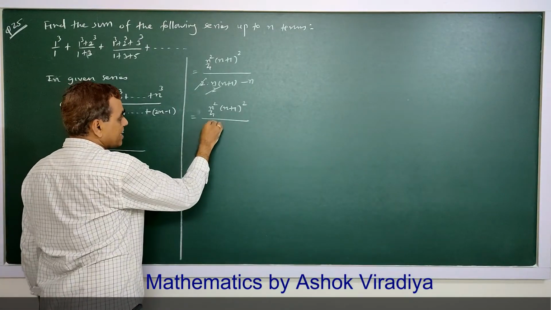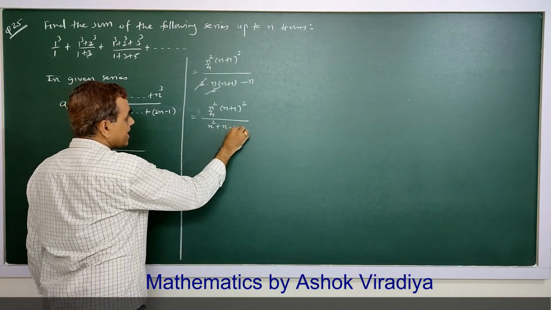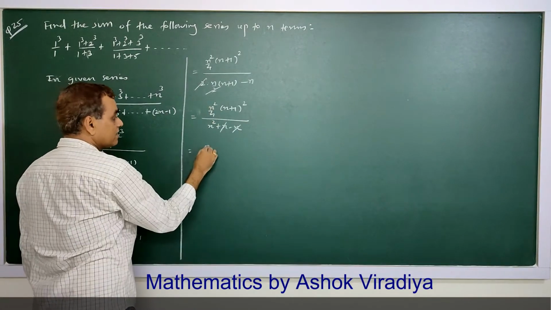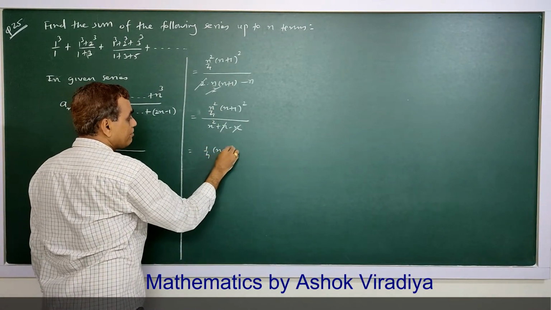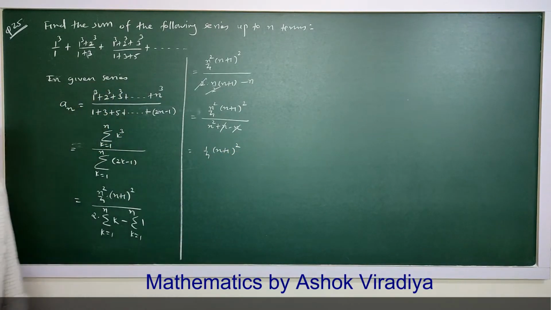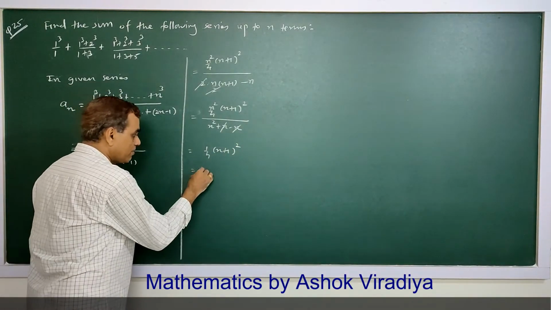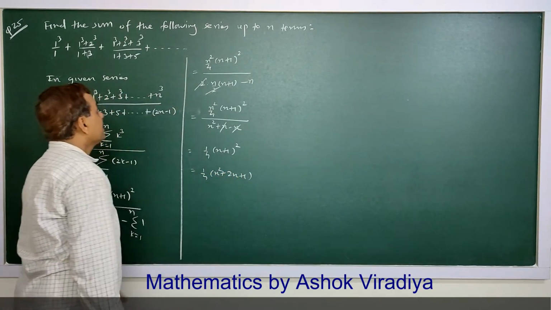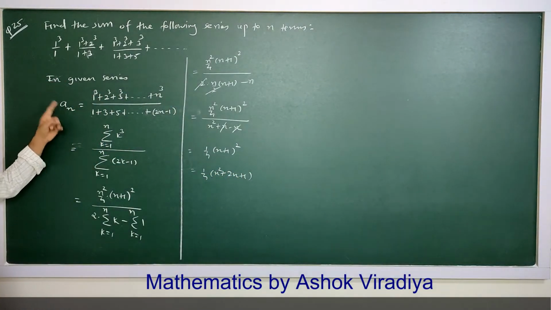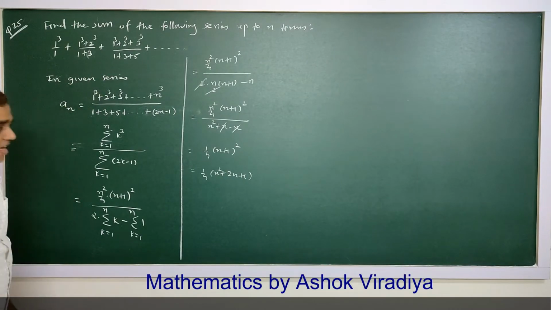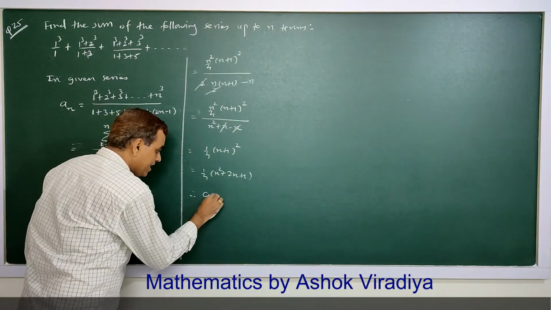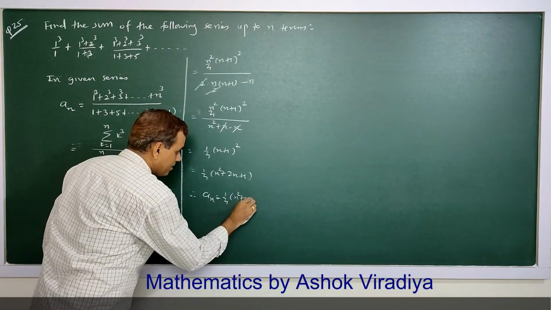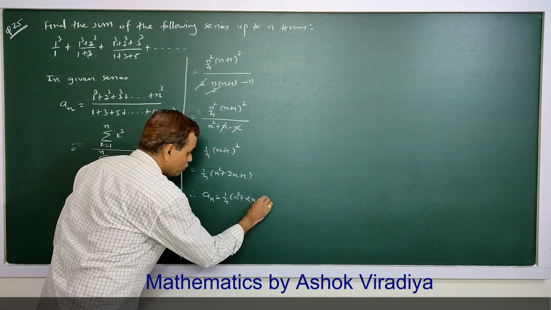The denominator is n square plus n minus n, so the n will be cancelled, this n square will be cancelled, so it is 1 by 4 times n plus 1 whole square, that is 1 by 4 times n square plus 2n plus 1. It is the nth term of this series. Therefore an is 1 by 4 times n square plus 2n plus 1.